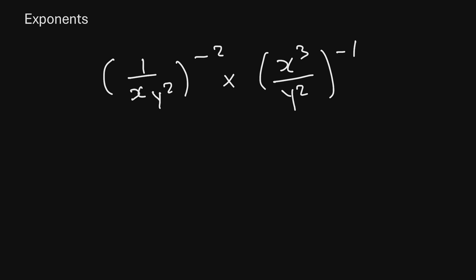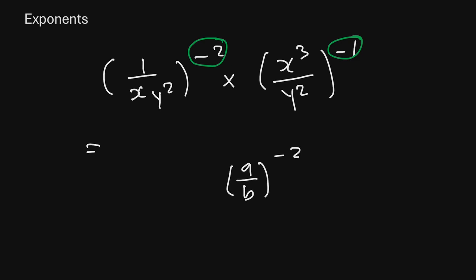Now, in this problem, what we can clearly see is that the exponents of our expressions are negative. If we have a negative exponent, we don't actually like negative exponents, so what we do is convert them to positive exponents. What do I mean? Let's say, for example, we have a over b all raised to the power of negative 2.